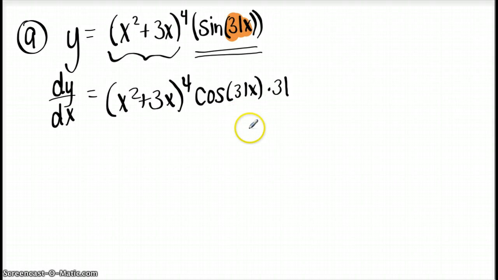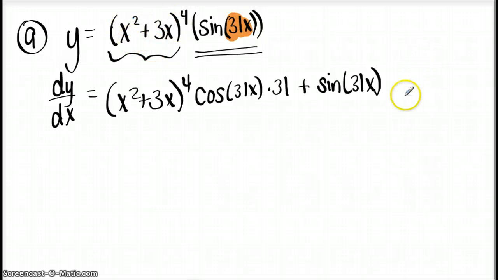Now, I have a minute and 20 seconds, so I'm going to go for the other stuff so you can have this full video. So then I'm going to add to it. I keep this one, and I derive this piece. What's the derivative of this piece? 4.